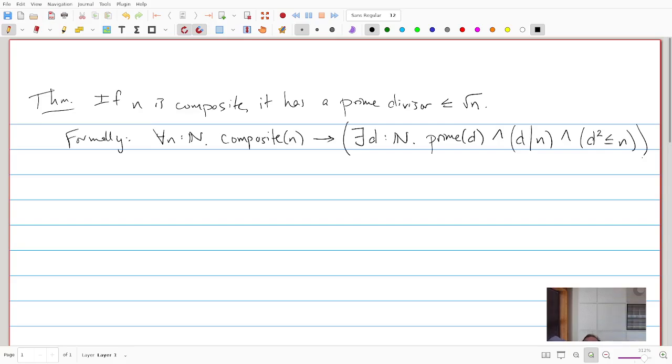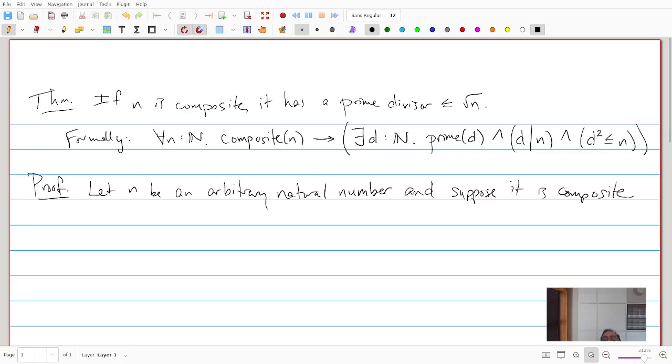So how do we prove this? Let n be an arbitrary natural number, and suppose it is composite.